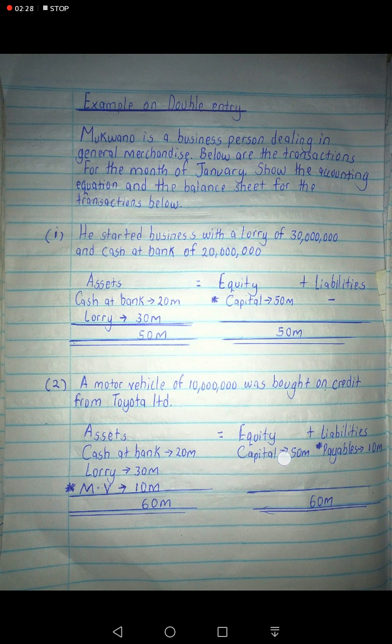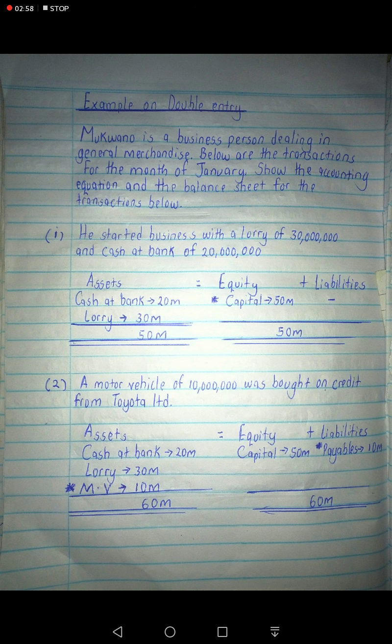Then the equity remains the same, but a liability is coming in since we bought this motor vehicle on credit from Toyota Limited. So a liability, which is a payable of 10M, is going to come in. Once I add this side of the assets, it gives me 60M, then I add the 50 plus the payables of 10M, which gives me 60M. So this equation has also balanced.